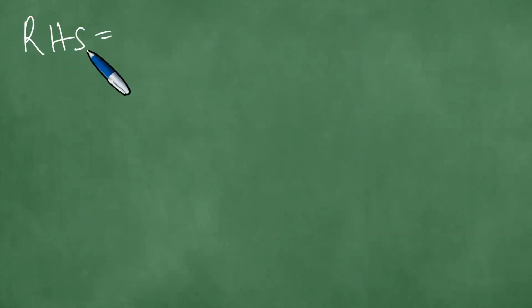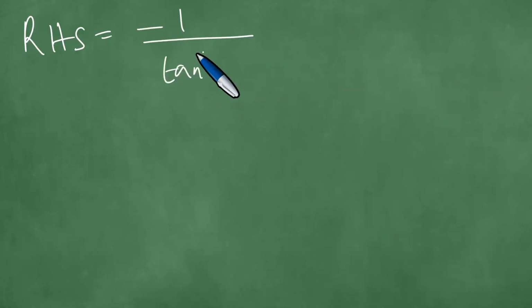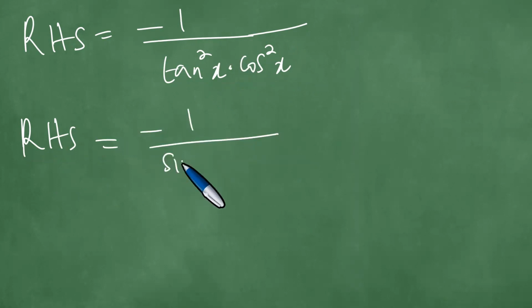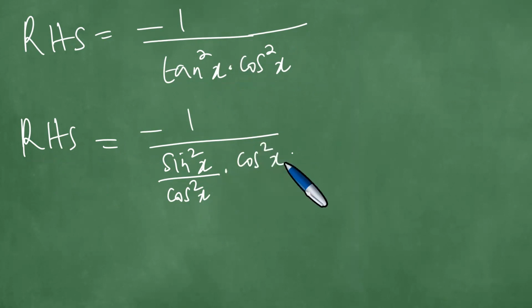What is the right-hand side? The right-hand side is actually -1 over cosine squared x, which means the right-hand side is sine squared x over cosine squared x, and we have cosine squared x.